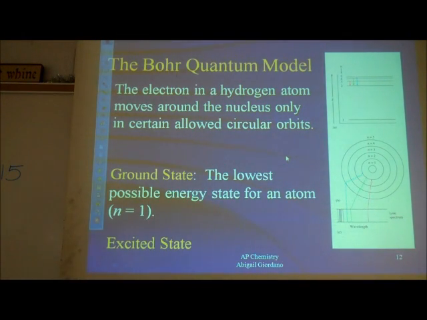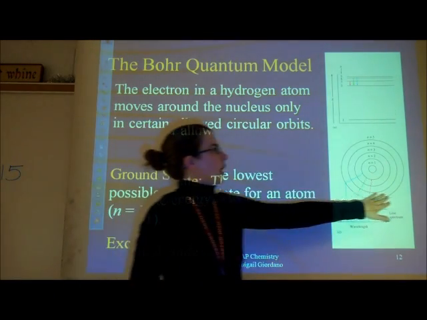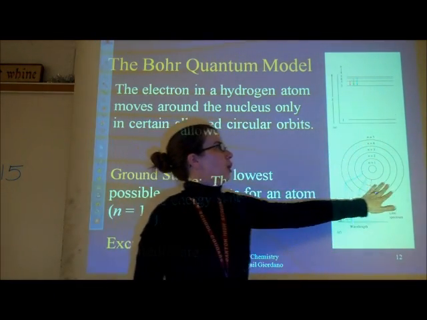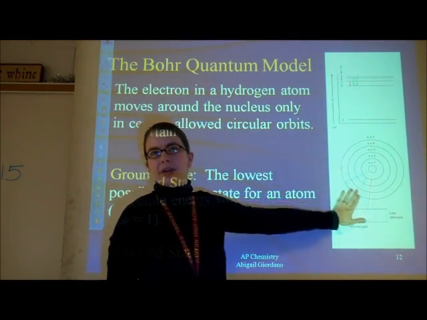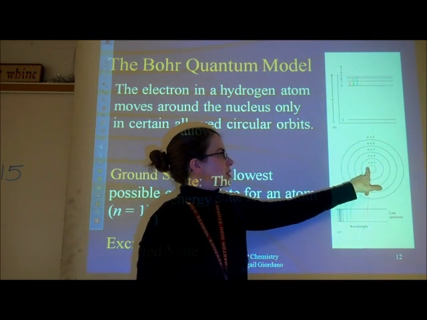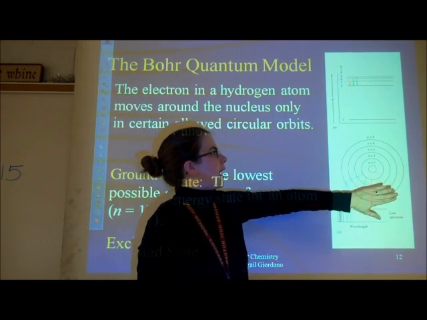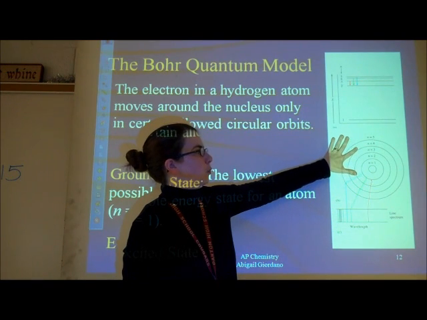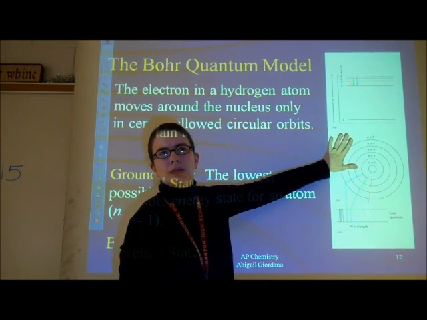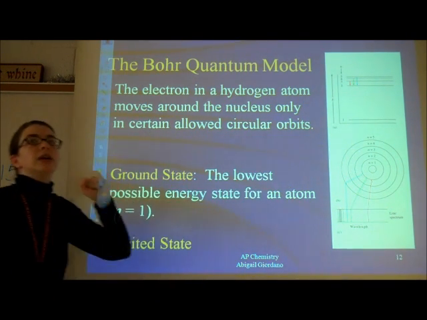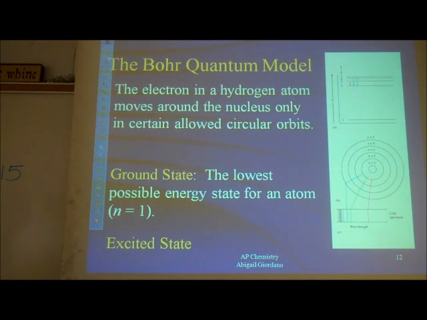This diagram right here is called the Bohr model of the atom. We've got the nucleus in the center, and what do we call these rings? Energy levels. Okay?